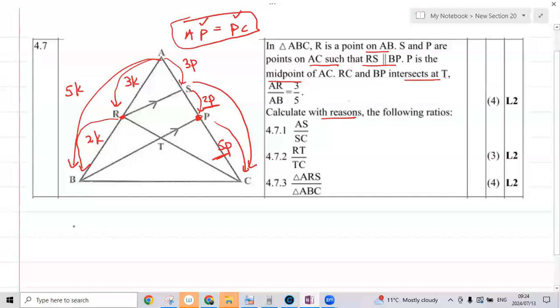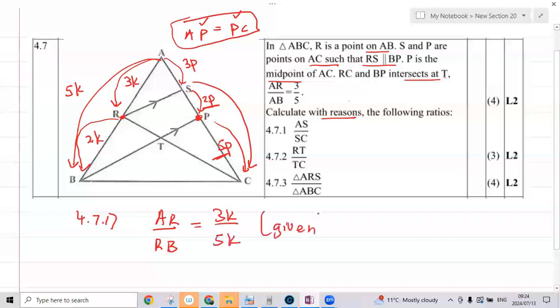So we're going to write 4.7.1. So we can write down AR over RB. It's going to equal 3K over 5K. That was given to us.